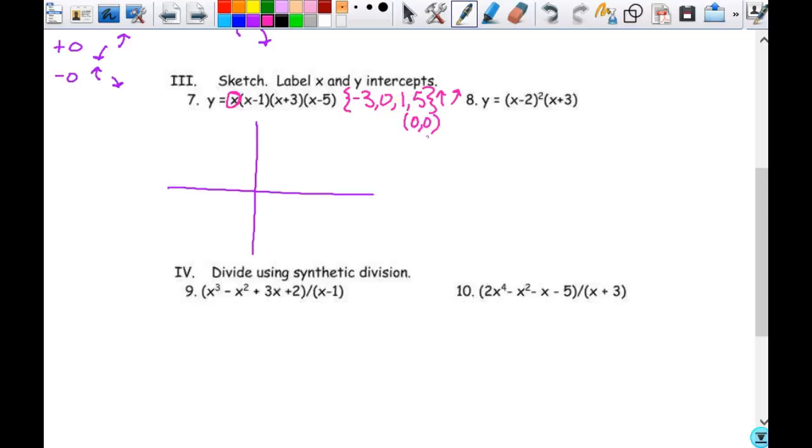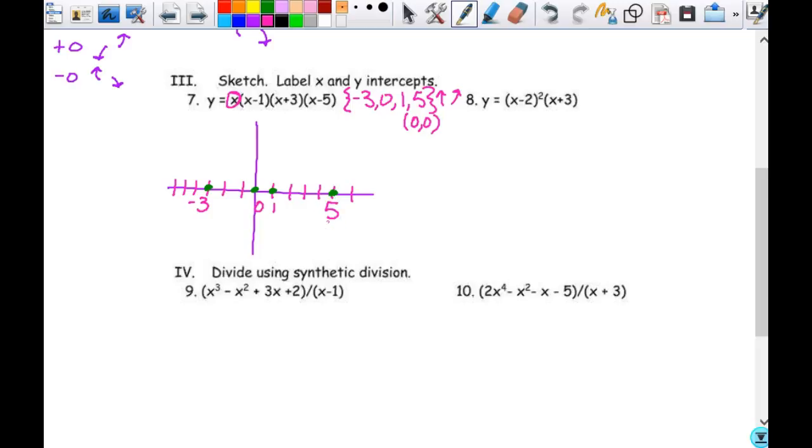Okay. So I'm going to go in here and let's see. I'm going to have to go 5. So 1, 2, 3, 4, 5, 6. 1, 2, 3, 4, 5, 6. And I'm supposed to label this stuff. So I need a point here at -3, 0, 1, and 5.